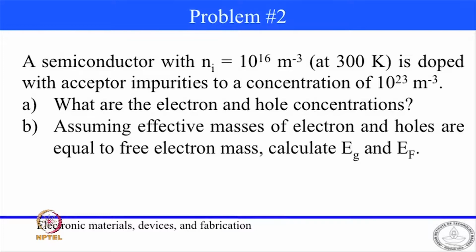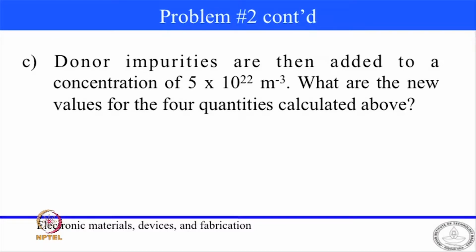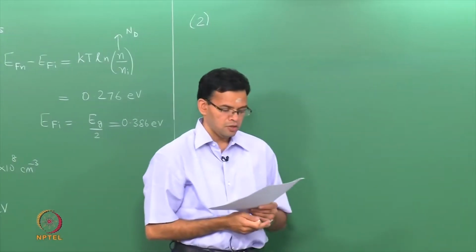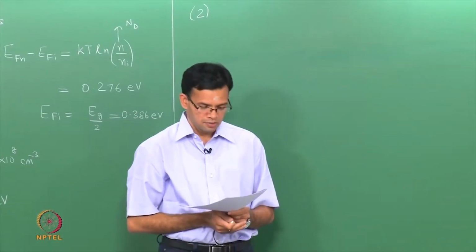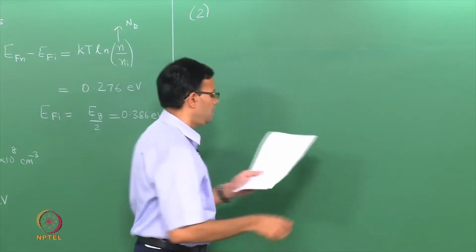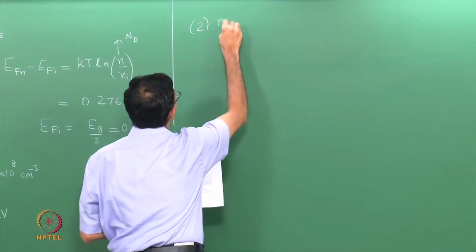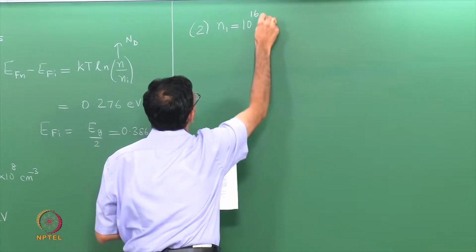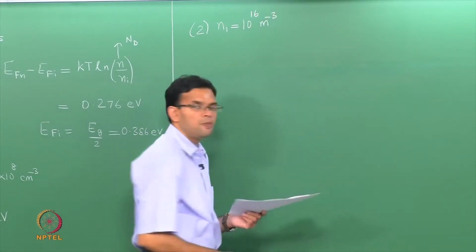So, let us now move to question number 2. We have a semiconductor with the value of Ni is 10 to the 16 per meter cube.